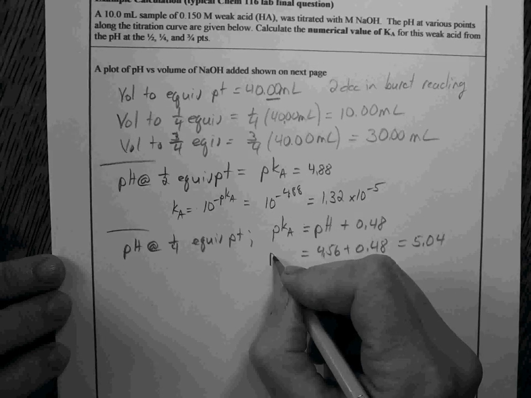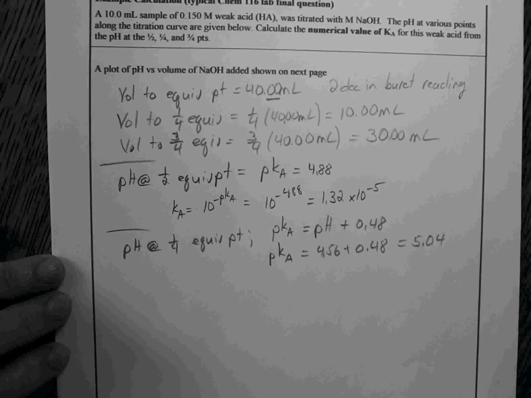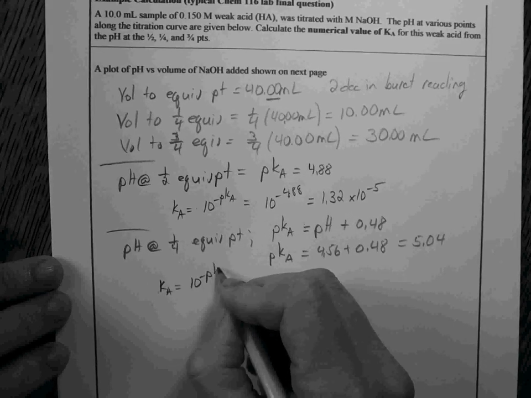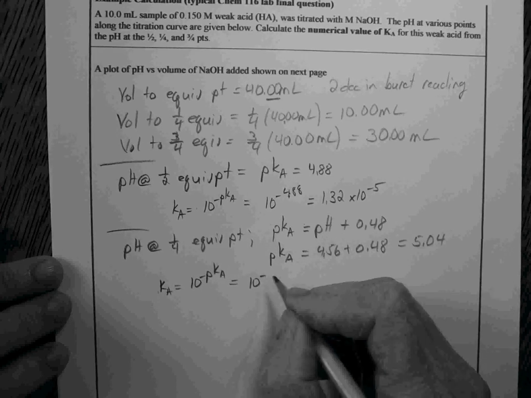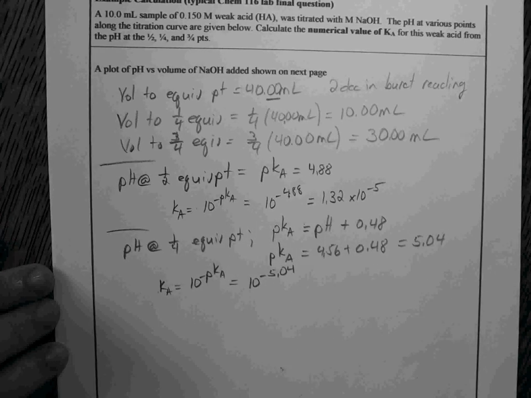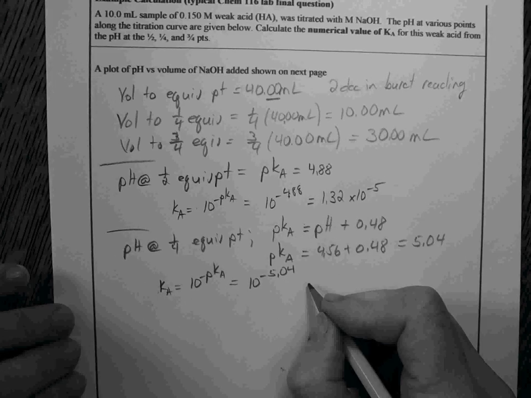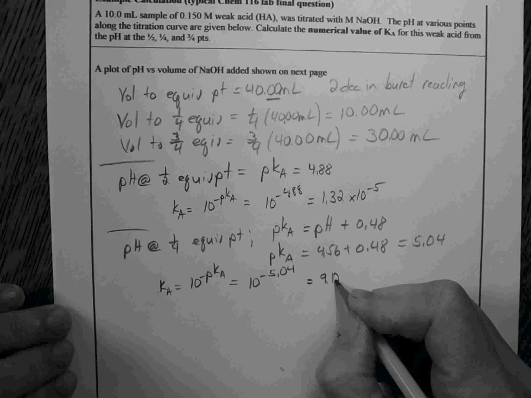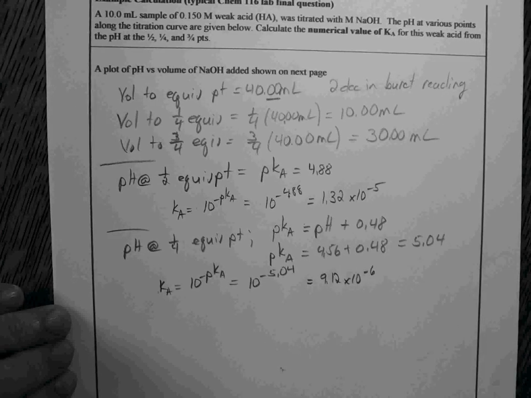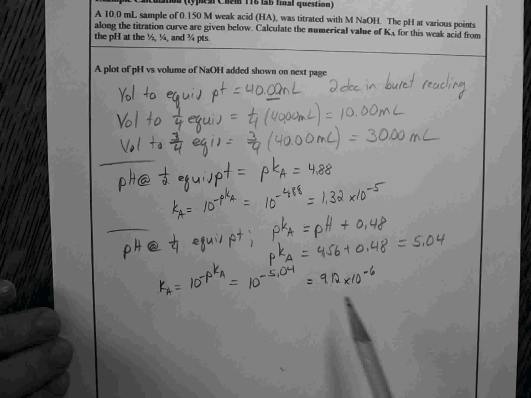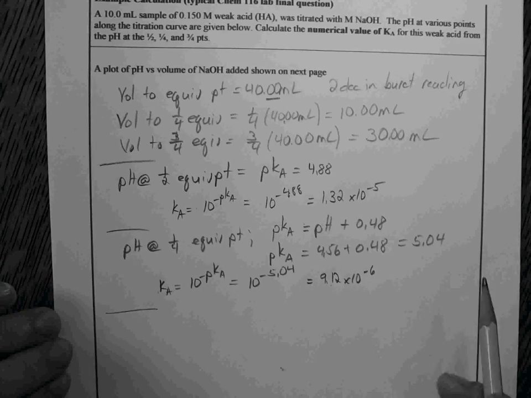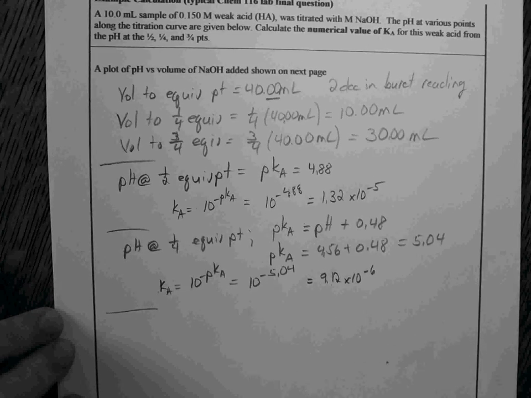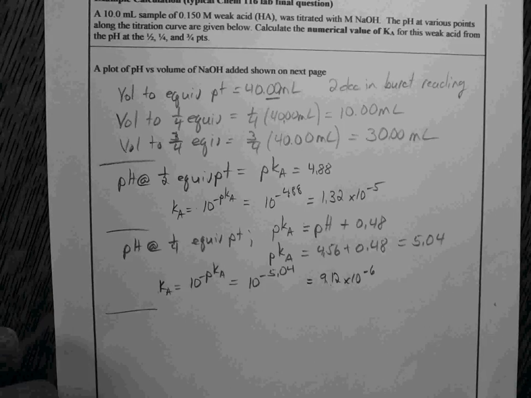So that's equal to our pKa. So we'd find our Ka is equal to 10 to the minus 5.04, and that would be equal to 9.12 times 10 to the minus 6. Now these differ by a small amount, but these values are based on analysis of accumulated data, so we wouldn't expect that they would be exactly the same, but they are fairly close.